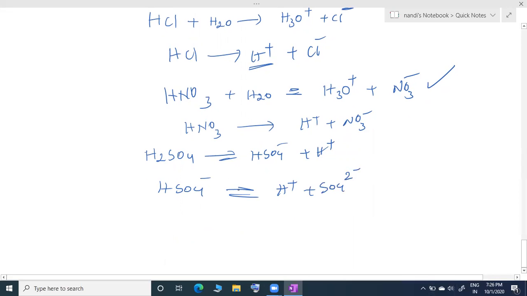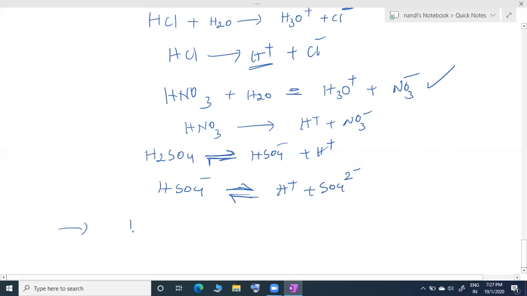The double arrow means it exists as an equilibrium. The forward reaction can take place and the backward reaction can also take place. Wherever I write a double arrow, forward as well as backward can both occur. So these are the acids.